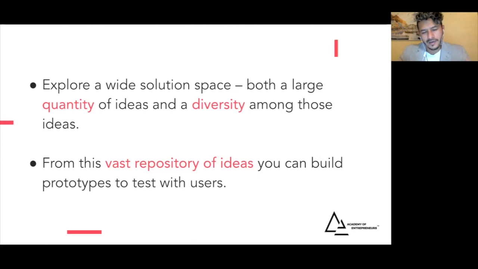So you can have ideation sessions where you can have 100, 200 ideas of potential solutions to solve that problem. And then there are ways to evaluate those ideas and identify, let's say, your top 3 ideas, and those are the ones you use to build the initial version of a product.